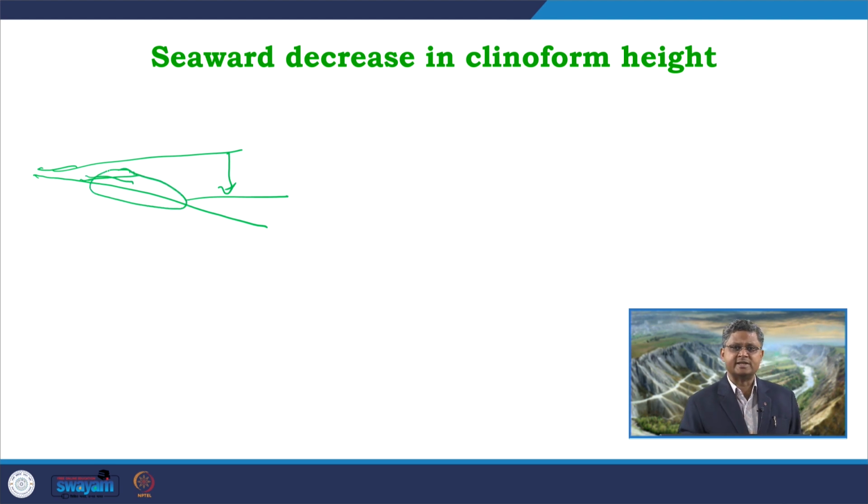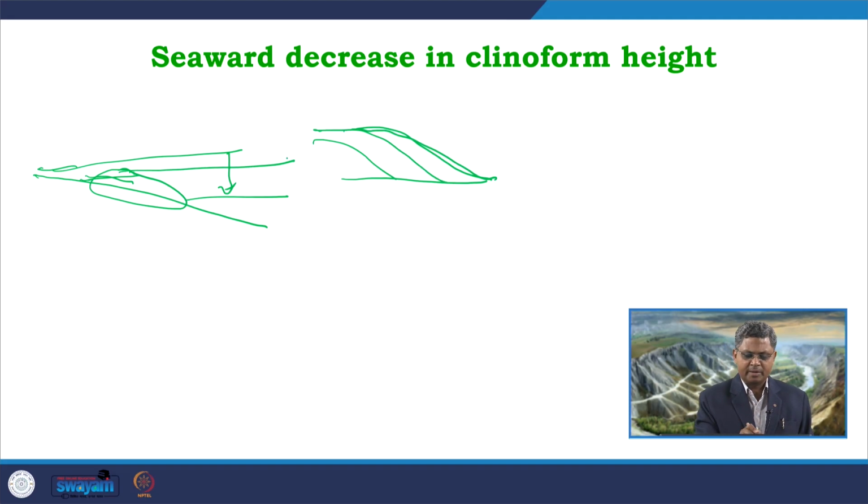In such a case, the delta lobe will form like this. So, we can have successive clinoforms producing the delta lobe over there. Now, for the next phase of fall, when the base level has reached this point, the amount of accommodation is less. So, the next delta lobe that will form towards the basinward direction will be something like this.